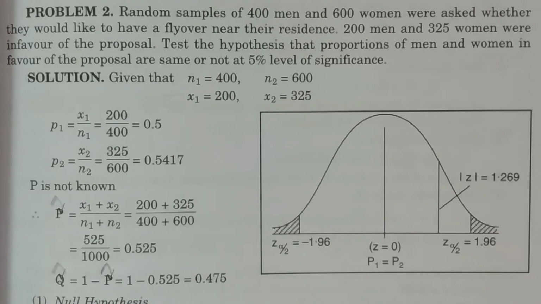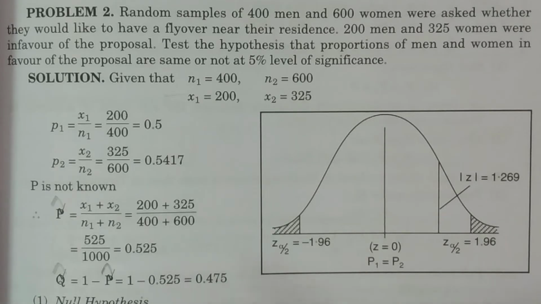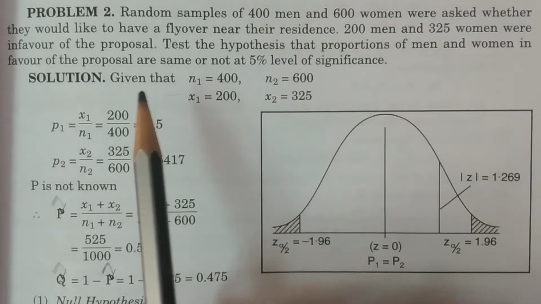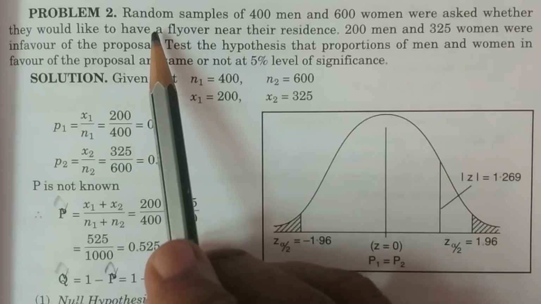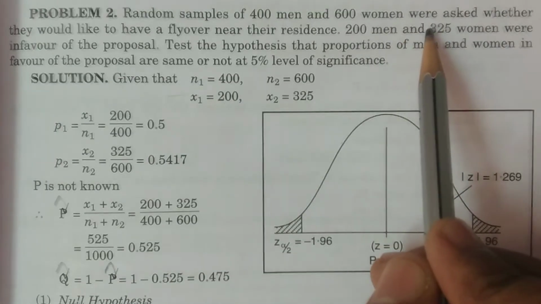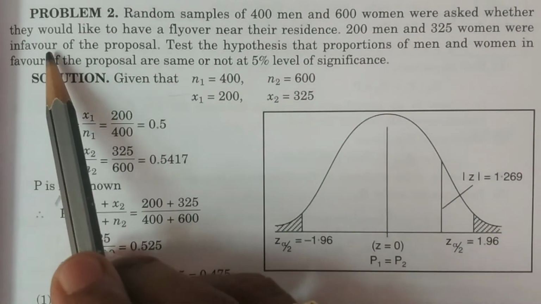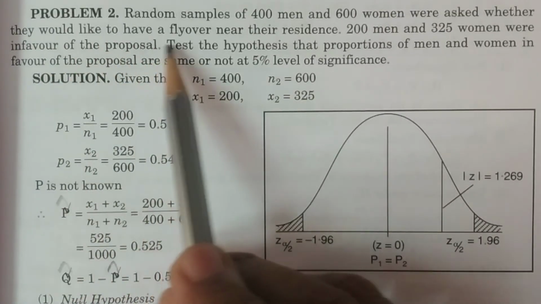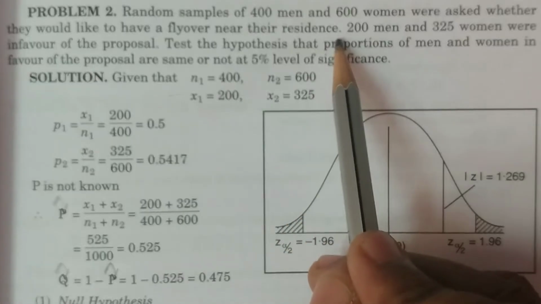Now we discuss problem number 2 in test for two proportions. You see the problem here. Random samples of 400 men and 600 women were asked whether they would like to have a flyover near their residence.